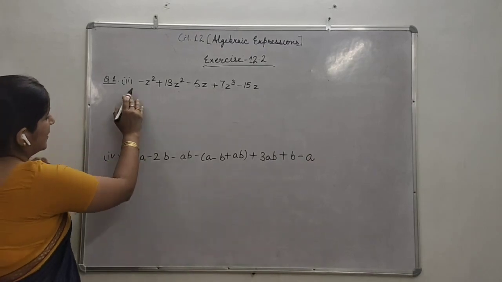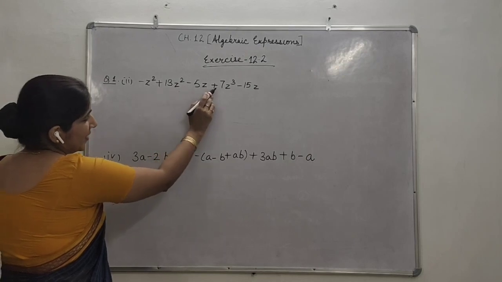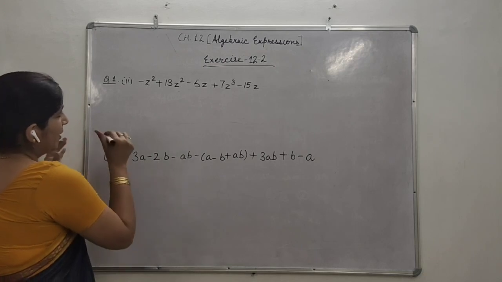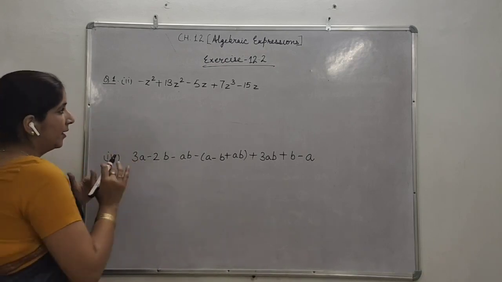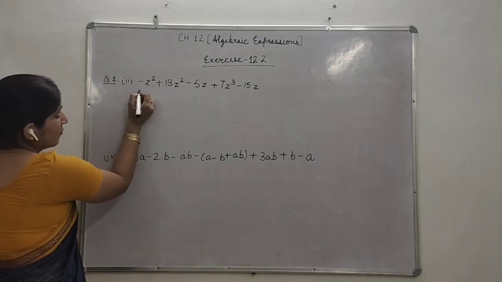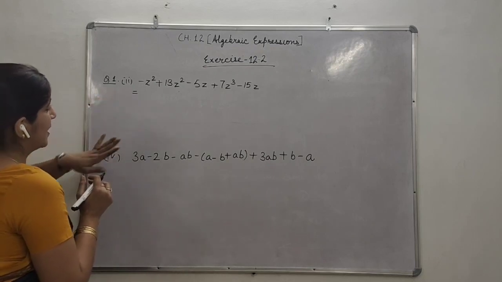The second part is minus z square plus 13z square minus 5z plus 7z cube minus 15z. Now keep all the points which I am telling you in your mind. When you start solving this question, it is always important to put the equal to sign in every step you do.